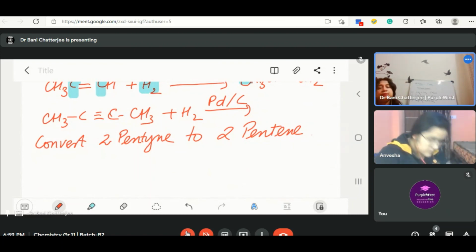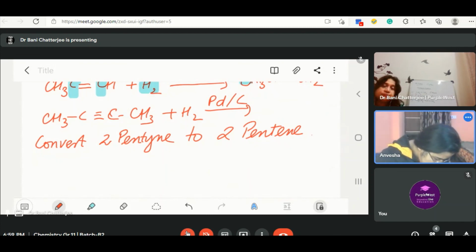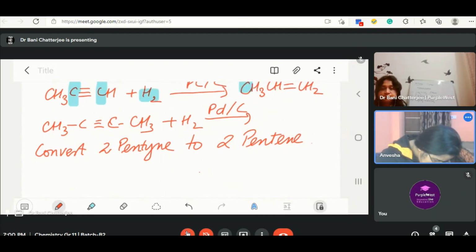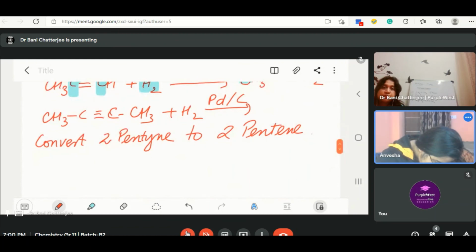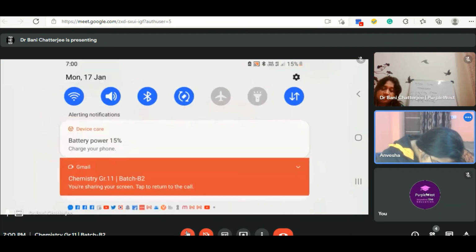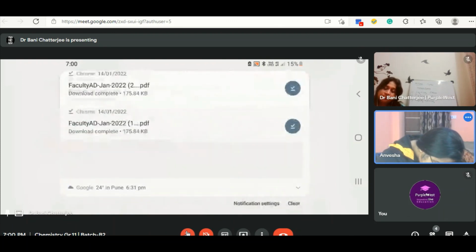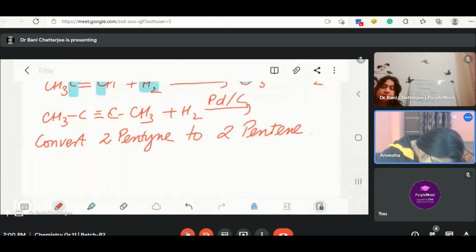Show me the structure of 2-pentyne. Just a second. Done.